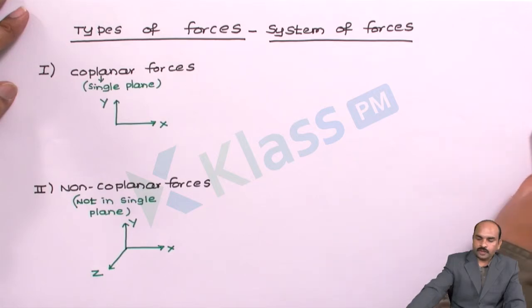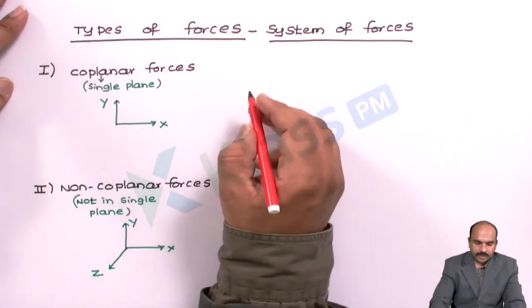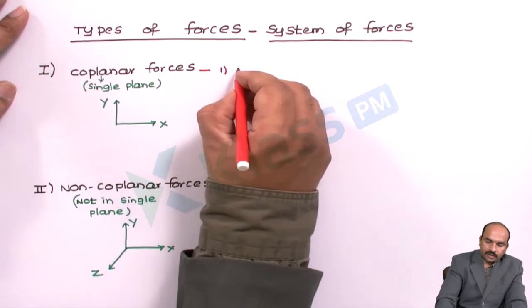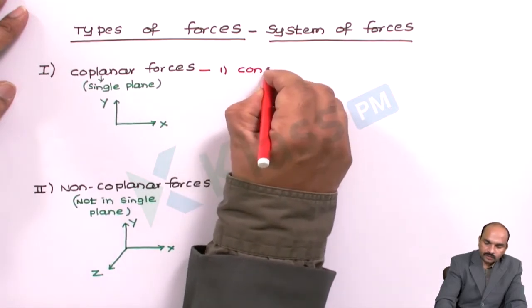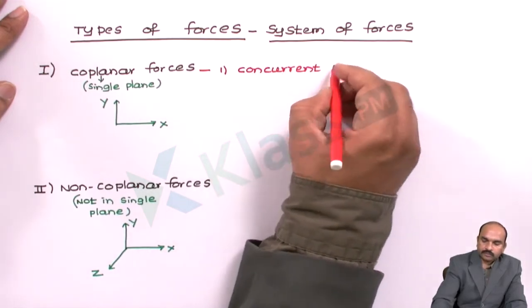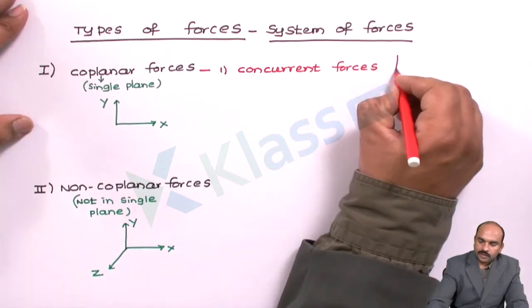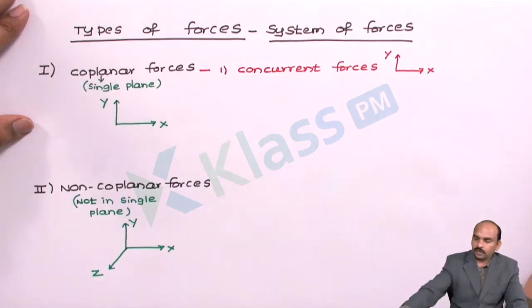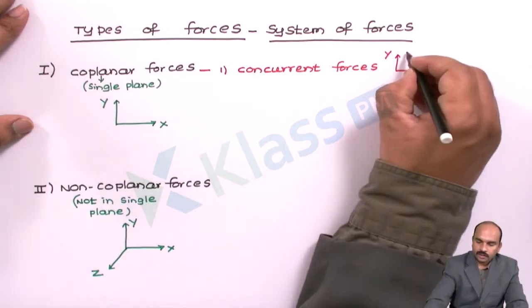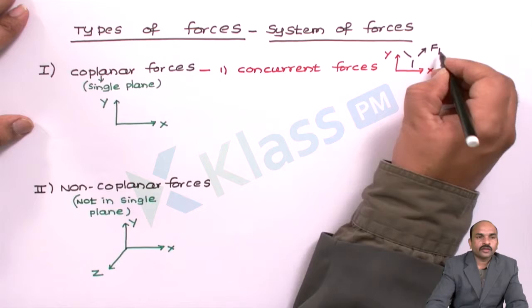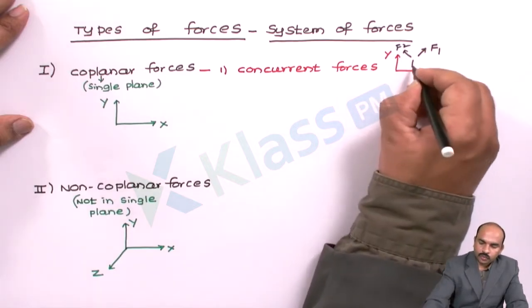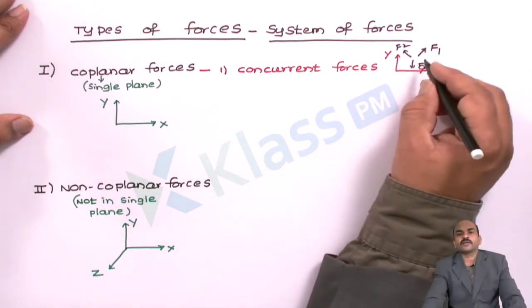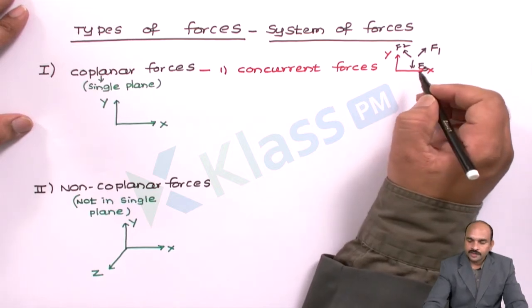Now in this again there are different types. One is coplanar concurrent forces. There is a single plane x, y. Now there are forces like this. Let the forces be F1, F2, F3. These are the three forces that are in the same plane.